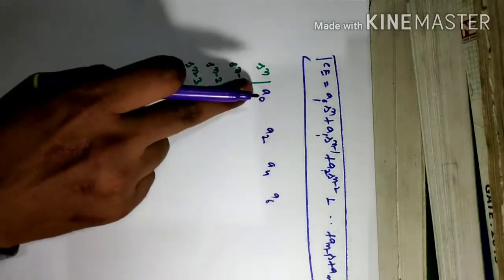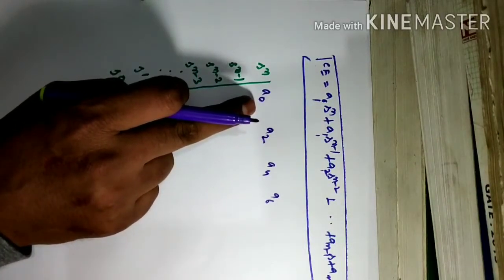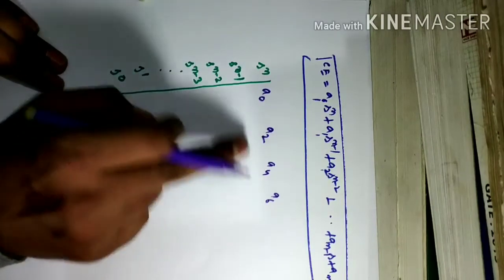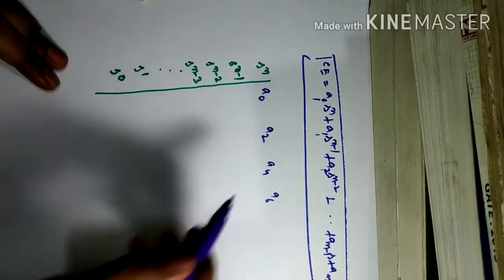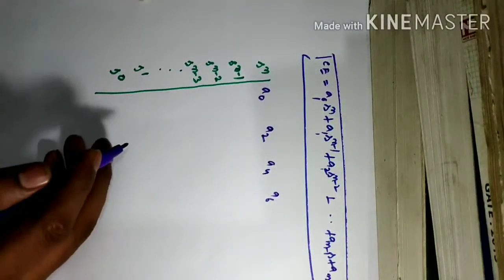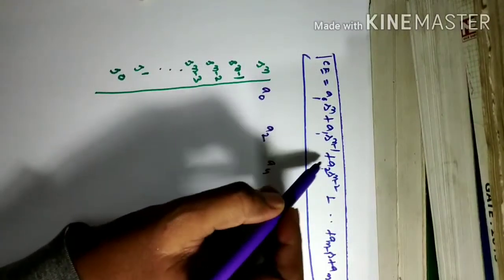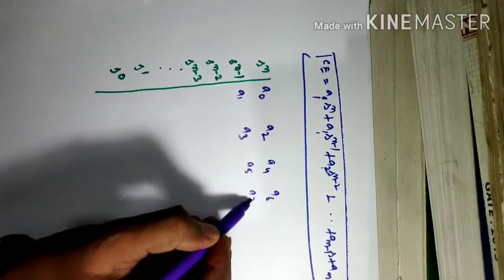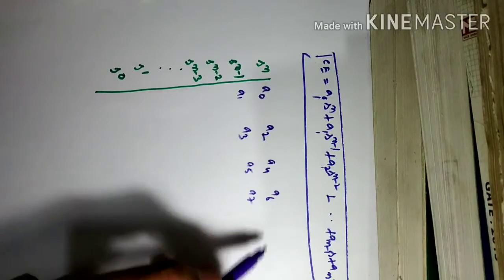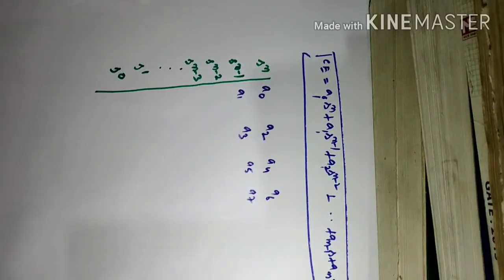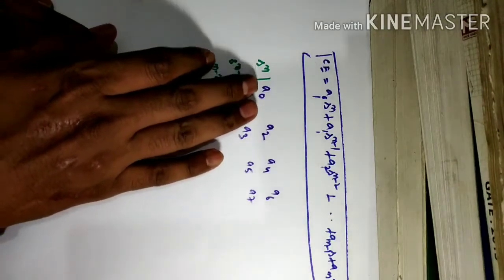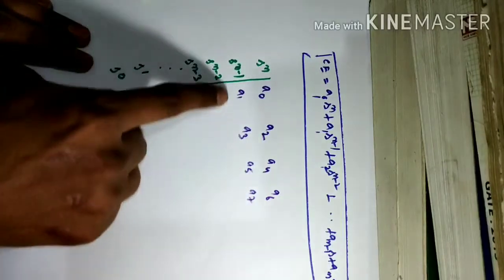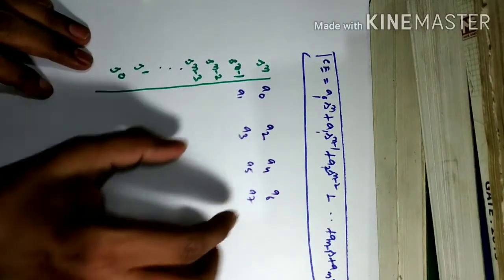These are the even polynomial coefficients, the even powers of S. The S power n minus 1 row has the odd polynomial coefficients: A1, A3, A5, A7, A9, like this it will go. You just write these two rows: the even powers of S and the odd powers of S.